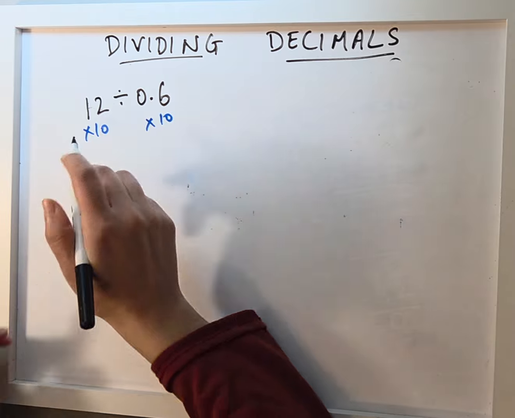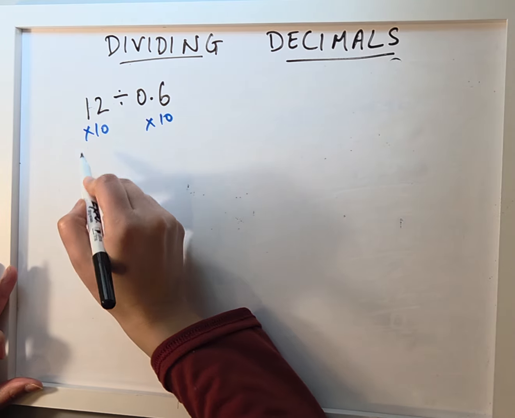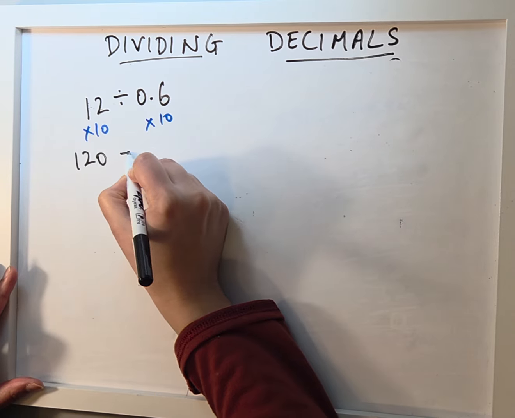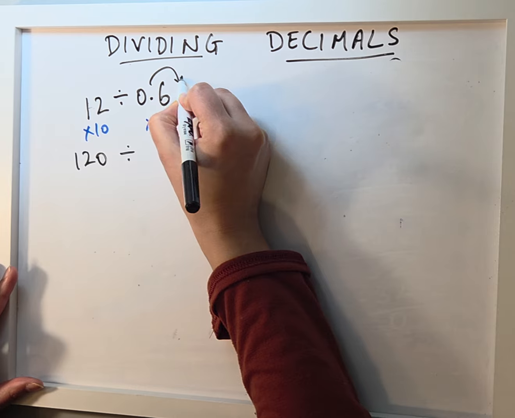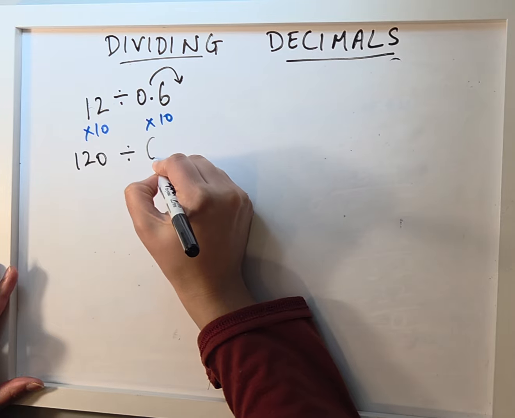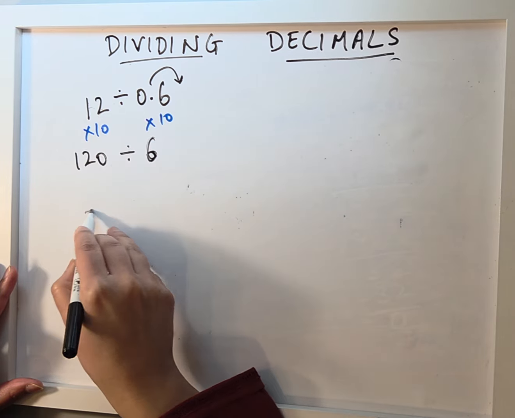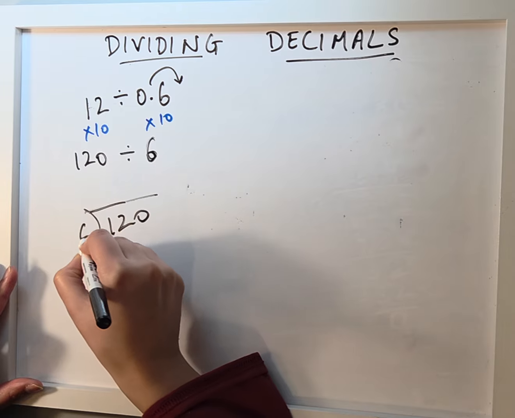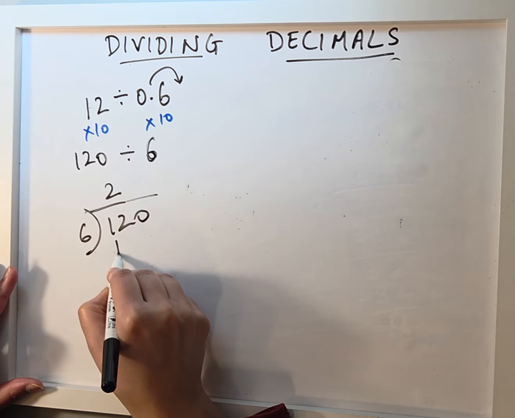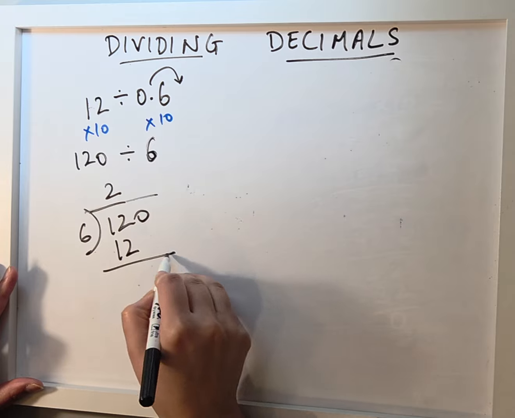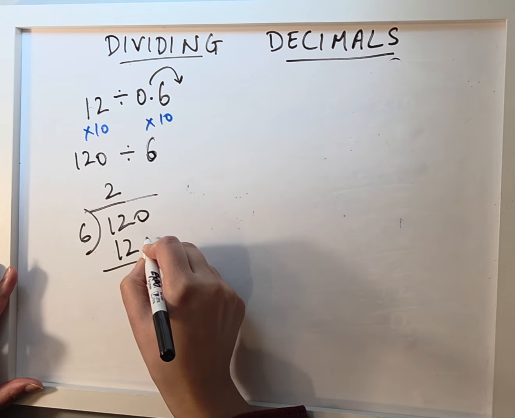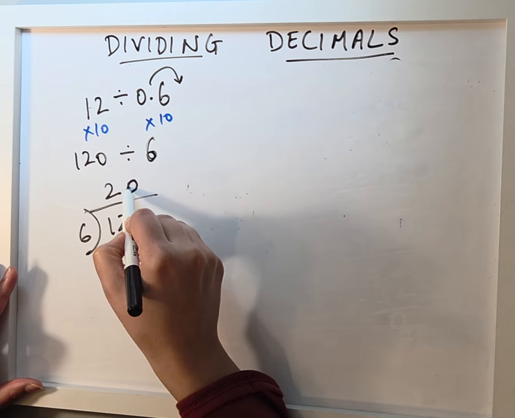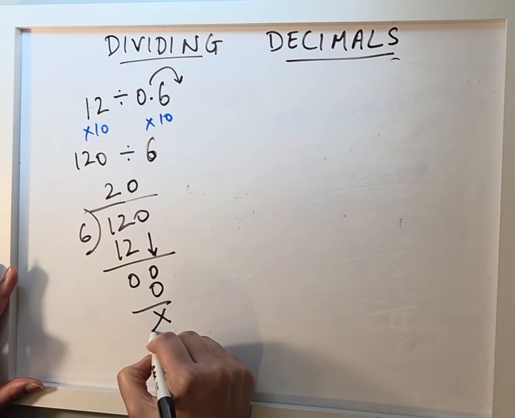If there is no decimal, if we multiply 12 with 10, what will it become? 120. And here the decimal will move 1 to the right. So this becomes 6. Now we do 120 divided by 6. So 6 into 2 is 12. And we get 0. And then this 0 can be directly brought down. So 6 zeros are 0.